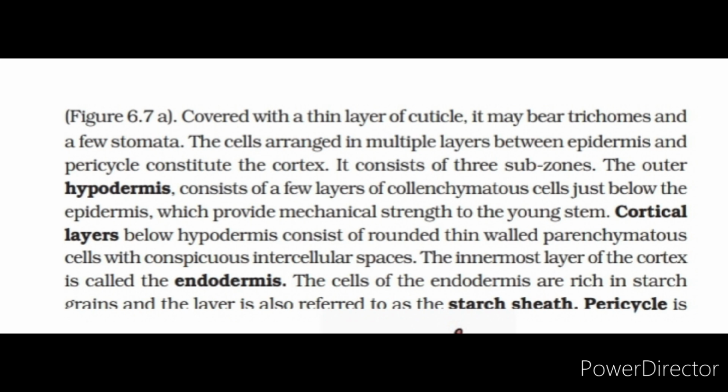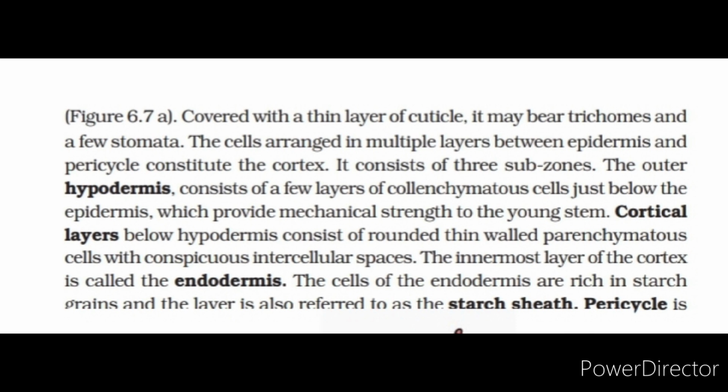It consists of 3 subzones. The outer hypodermis consists of a few layers of collenchymatous cells just below the epidermis, which provide mechanical strength to the young stem. Cortical layers below hypodermis consist of rounded thin-walled parenchymatous cells with conspicuous intercellular spaces.